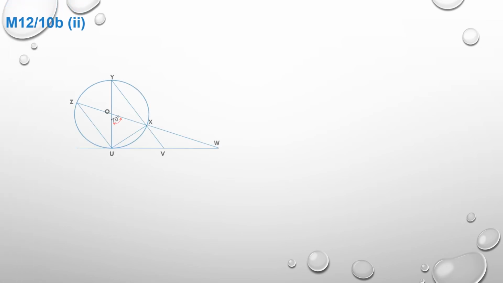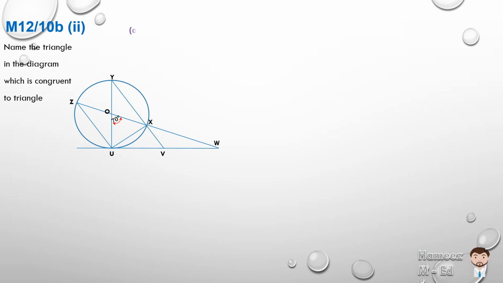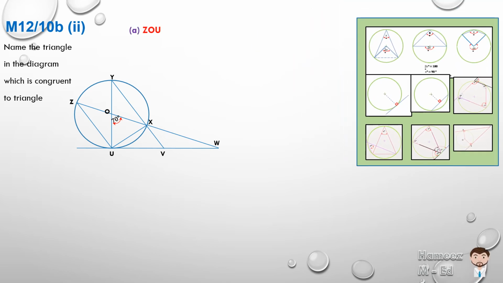For part 2 of the question, name the triangle in the diagram which is congruent to triangle ZOU. So let's recall the conditions of congruence between two triangles: they must have the same shape and the same size. Or we can say it a little differently, that all three angles must be the same and all three sides must be the same.